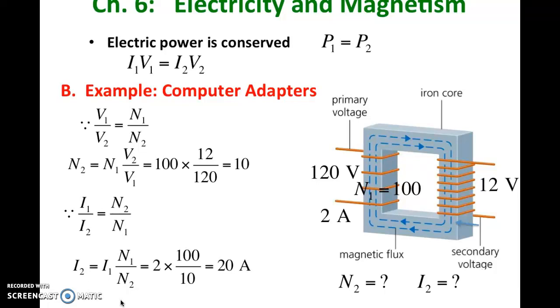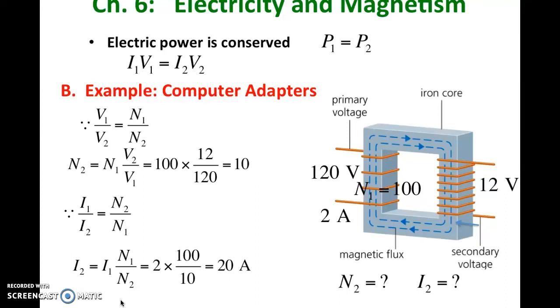I times V is power P, so P1 equal P2. That means a transformer does not change the electric power. A transformer only changes the voltage and current, but not power. Of course, this is talking about the ideal transformer.